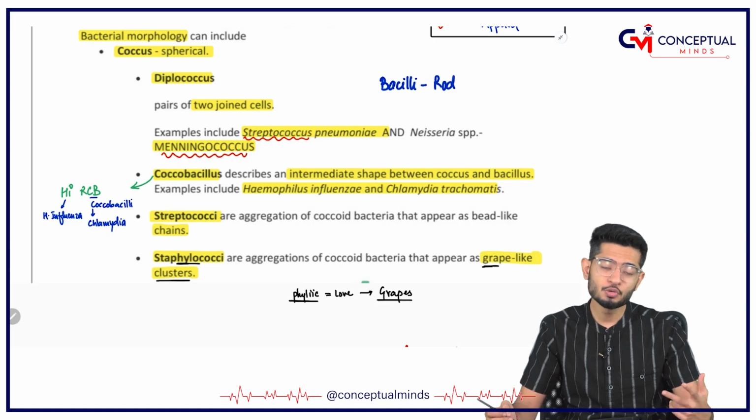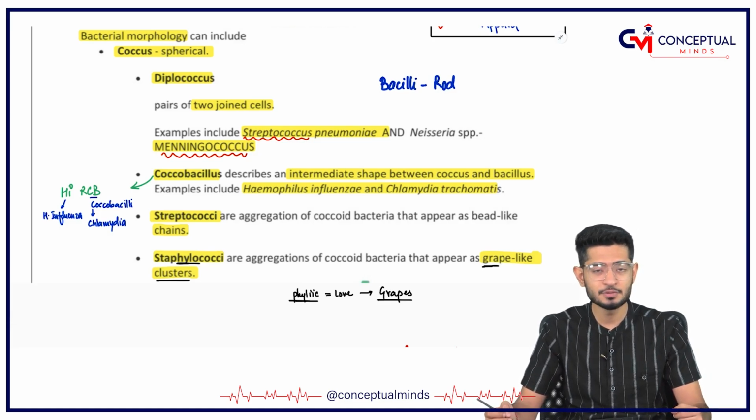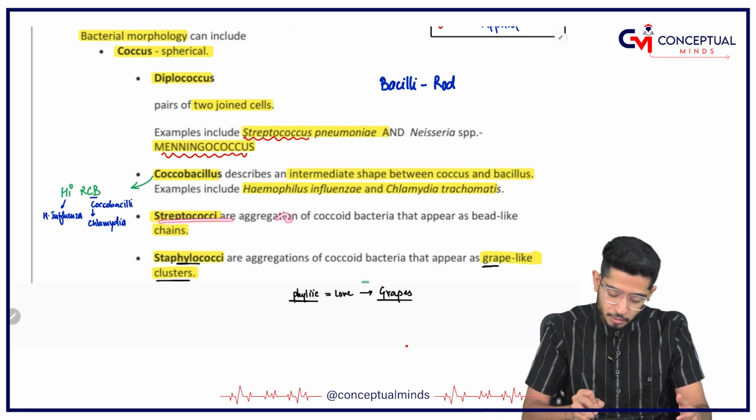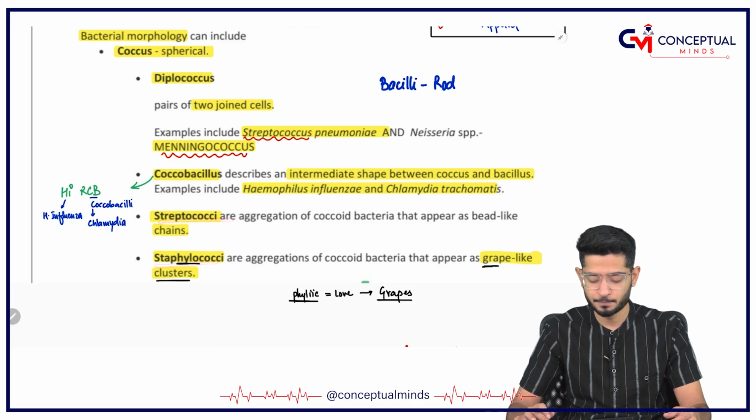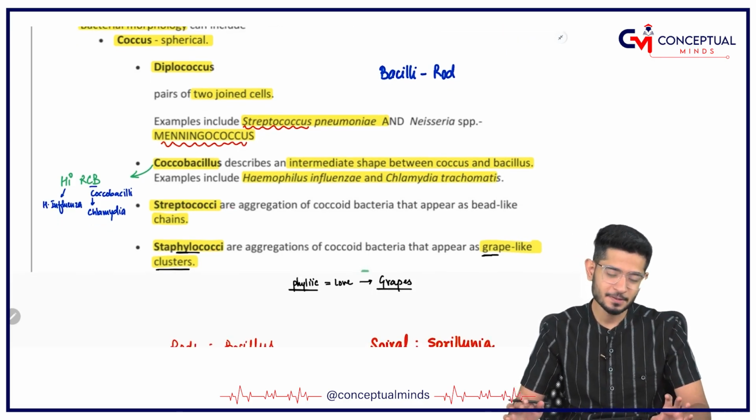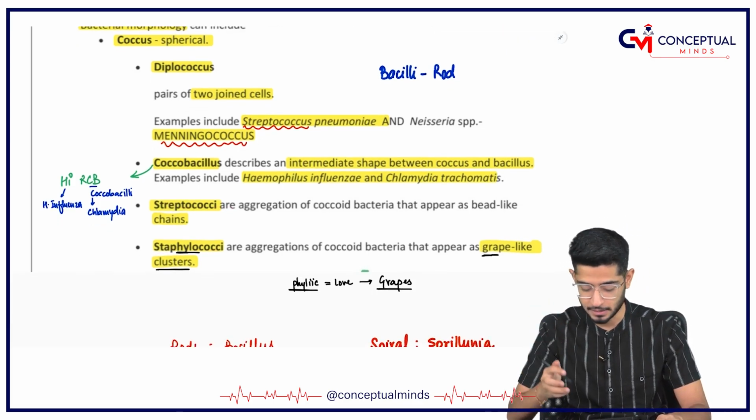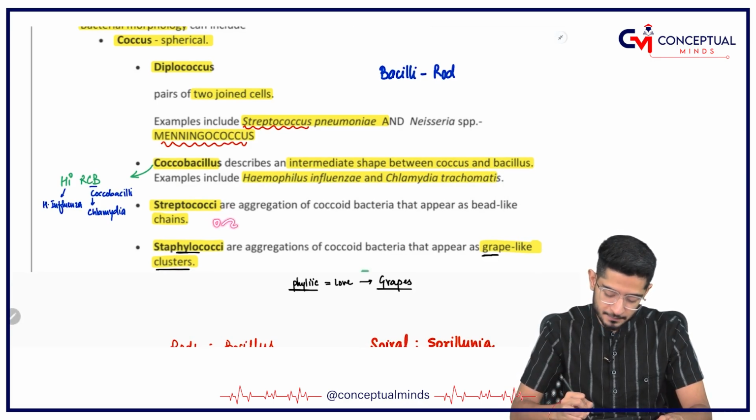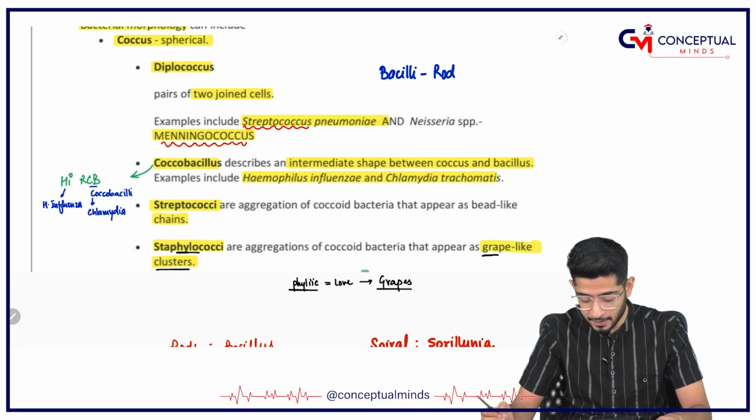Coming on to the two very important questions which they are fond of asking, be it any examination or viva: Streptococci and Staphylococcus. First of all, let me tell you, Streptococcus is something that is there in chains. Streptococci prefer to be in chains, and Staphylococcus prefers to be in clusters just like grapes.